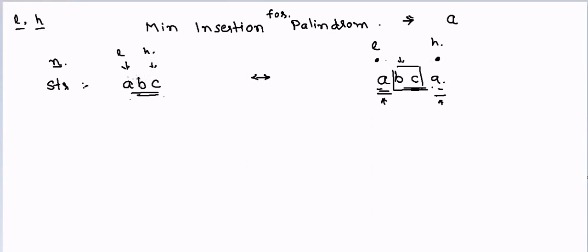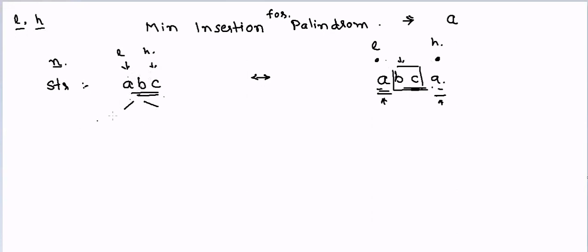When the characters are not matching, in those cases we need to check whether we can create a palindrome substring out of it or not. What can the substring be?